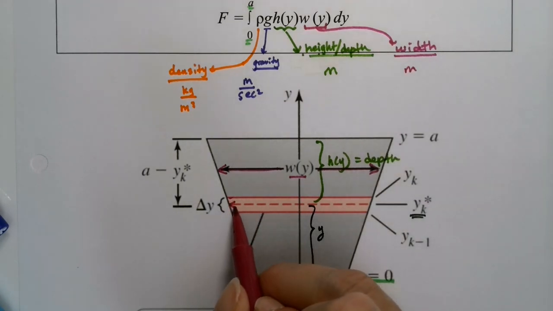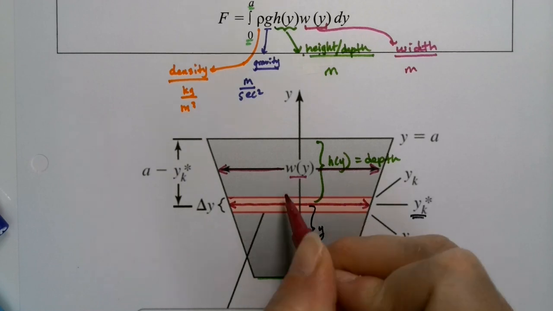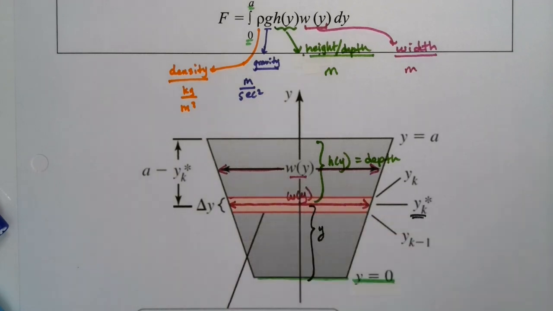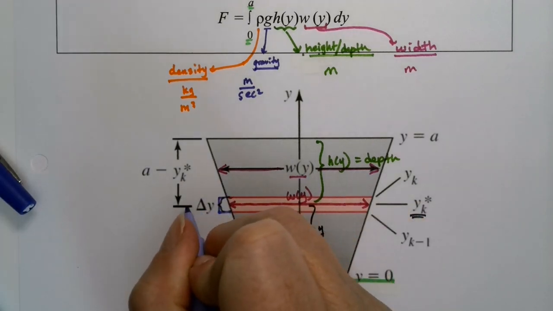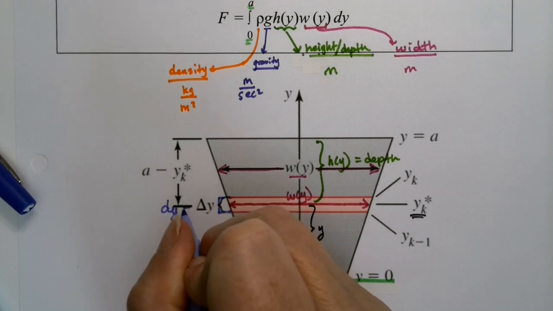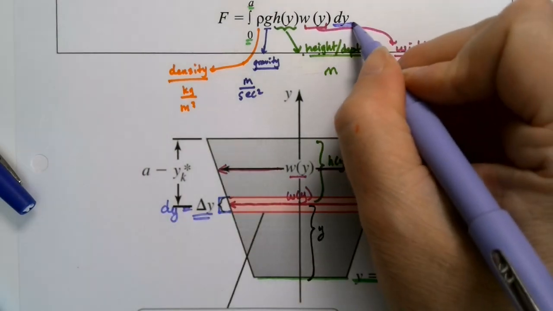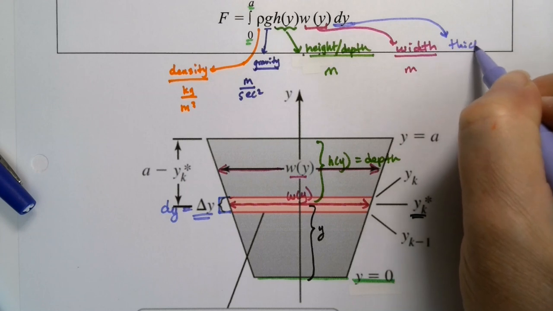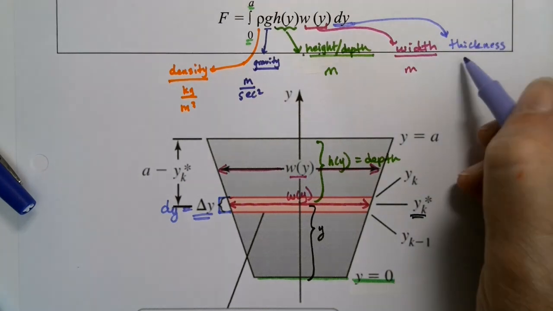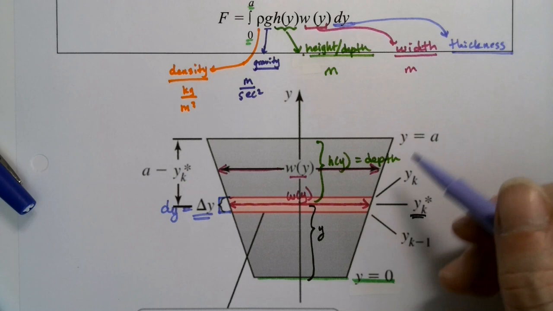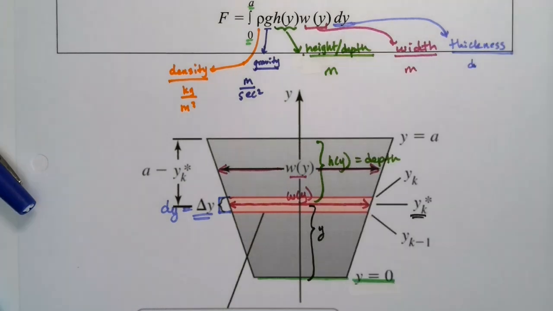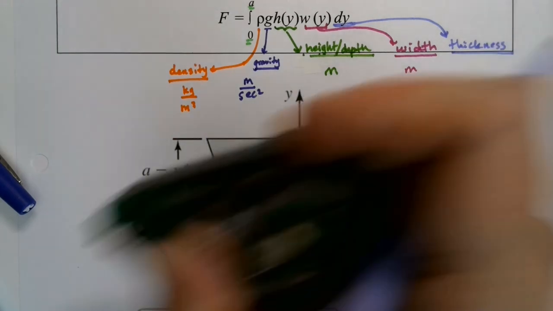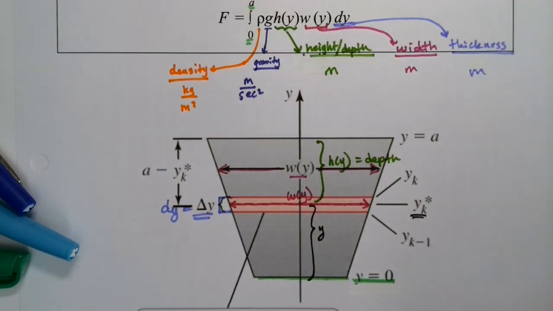So for this particular wedge of water, w of y is right here. Right there. Okay. And then, of course, the thickness, dy, right? dy is this right here. Thickness of that little wedge that you're looking at on that plate, on that edge of that trough. And it would be measured in meters, of course, because it's a thickness, it's a vertical distance.